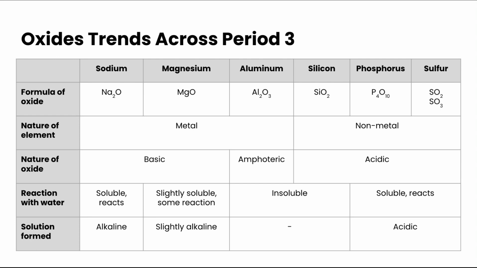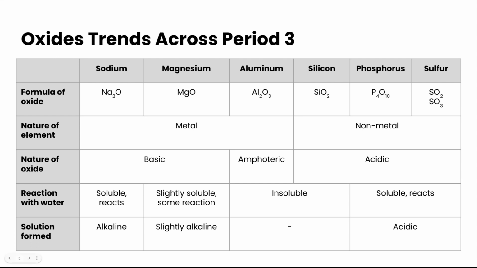Now, in terms of reactions with water, sodium and magnesium react with water, as well as the phosphorus and sulfur. Silicon is actually insoluble, so it also doesn't react with water. The magnesium oxide is only slightly soluble, so you get a little bit of reaction, but not an entire reaction.